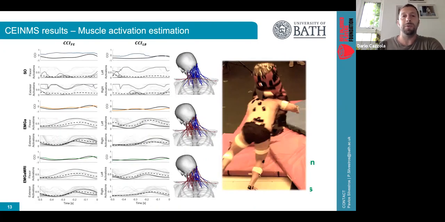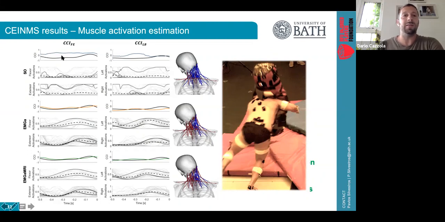Finally, the last metric that we used is the co-contraction index that was calculated for both the flexor and extensor and the lateral bending muscles, so divided by muscle groups here. And that's done for the static optimization and the other two EMG-assisted methods.